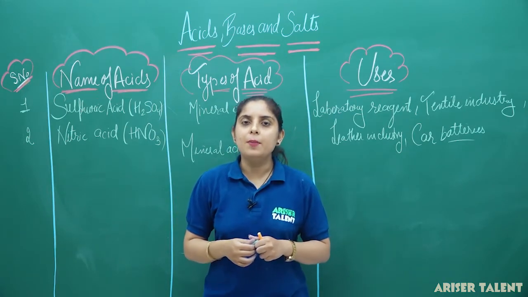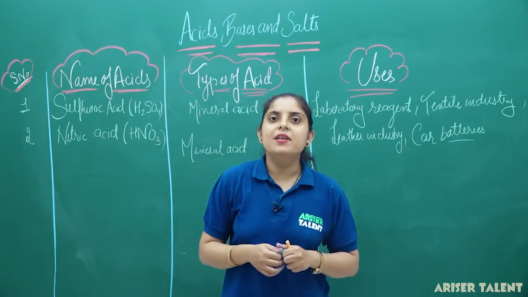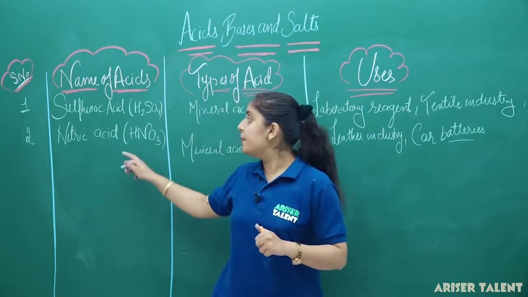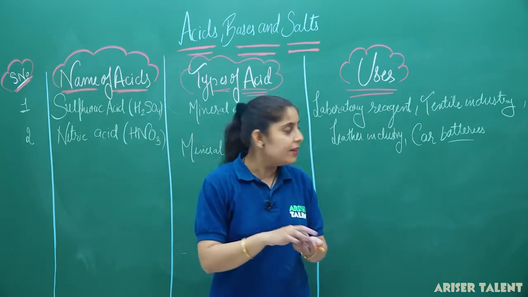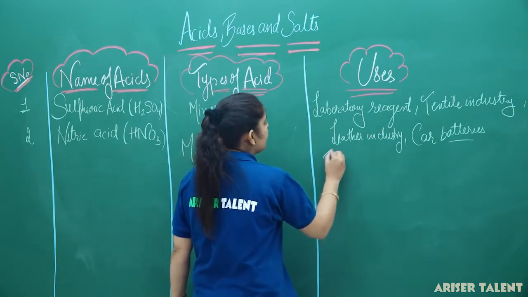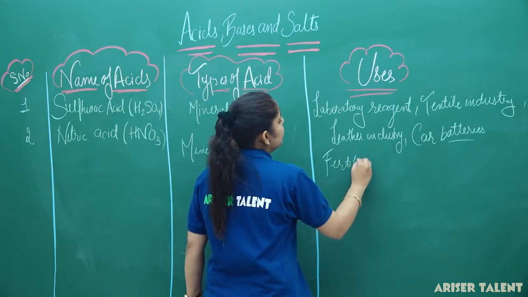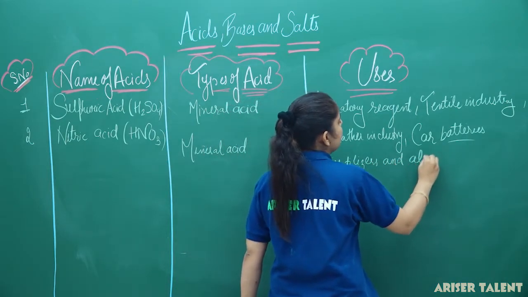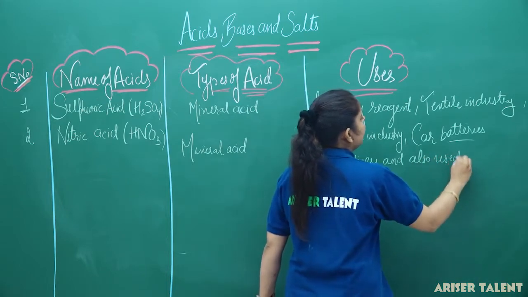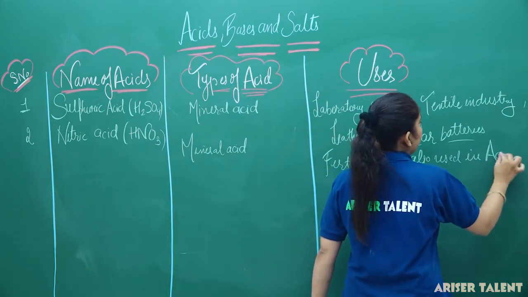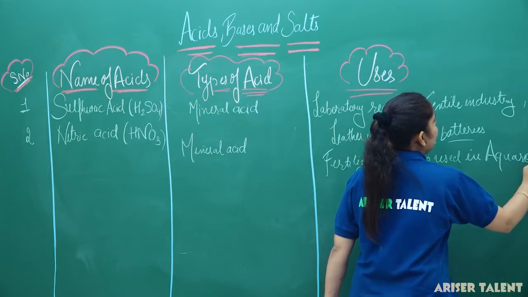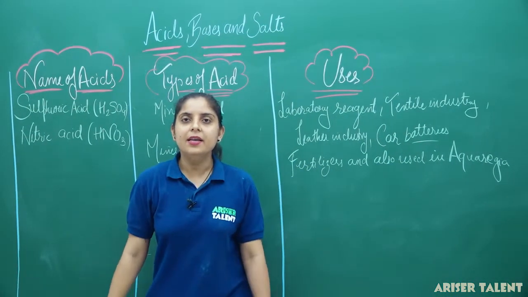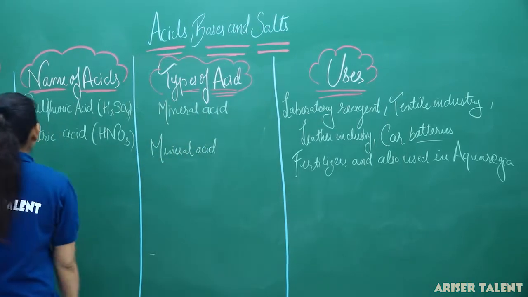You have also heard about the term aqua regia. Aqua regia is 1 part HNO3 and 3 parts HCl, so aqua regia is made from nitric acid. So nitric acid is used in fertilizers and in making aqua regia.